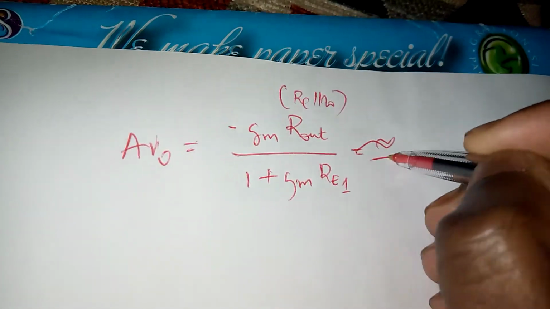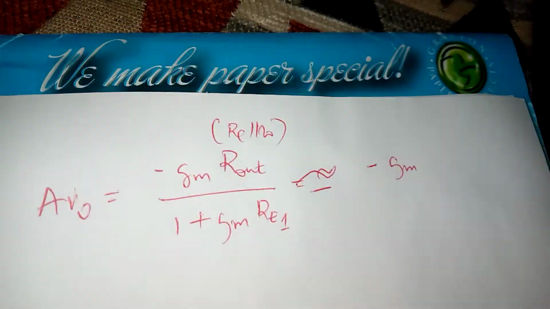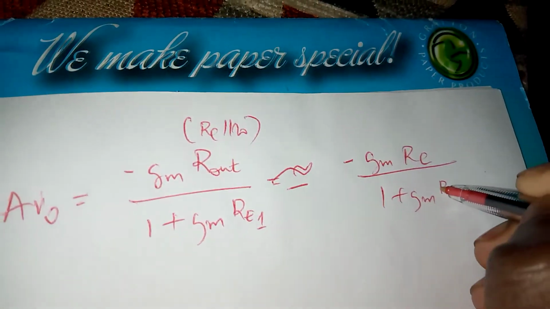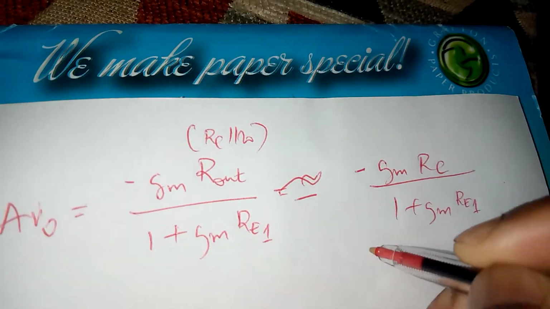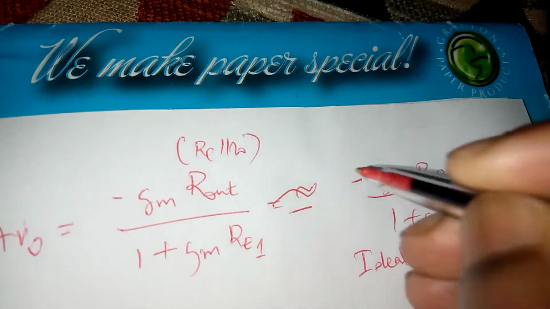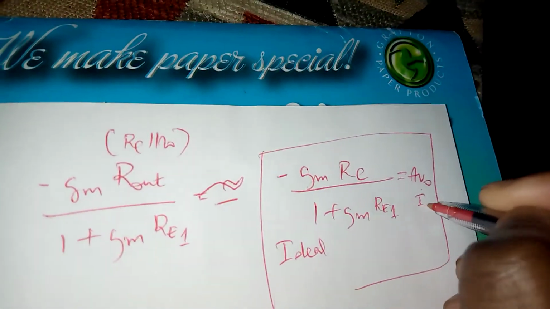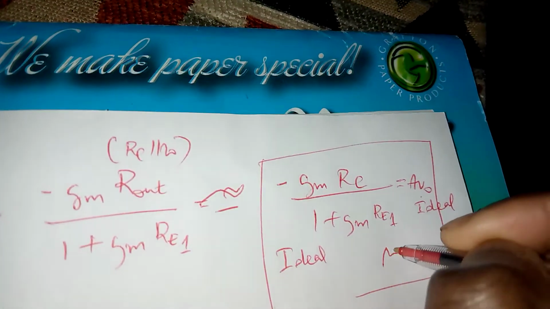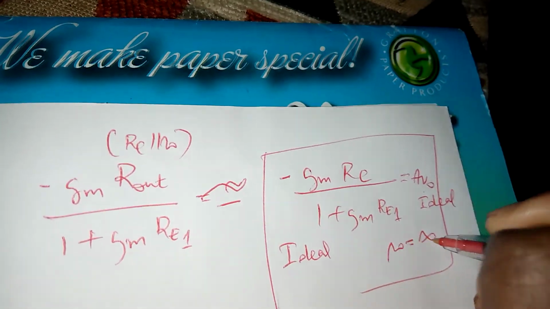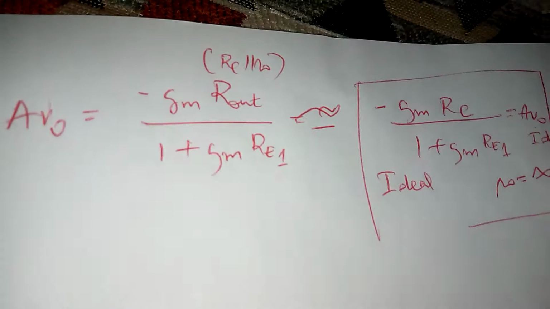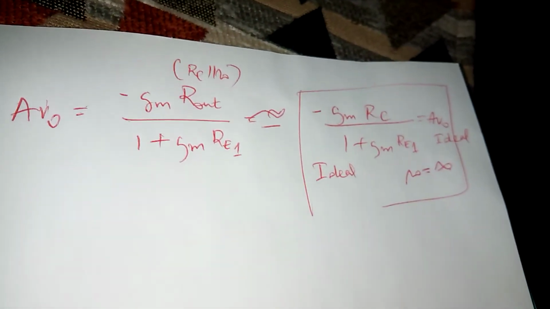So that is approximated, of course, to minus gm RC alone divided by 1 plus gm RE1 in the ideal case. So this will be basically AVO ideal, meaning where RO is equal to infinite, or RO is just very big. But if there is a possibility to calculate RO, then you must calculate RO.